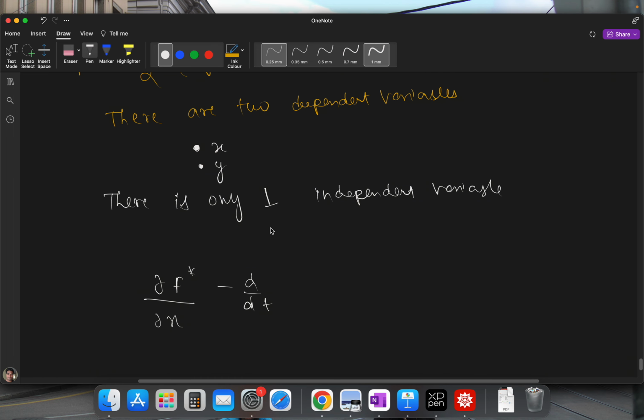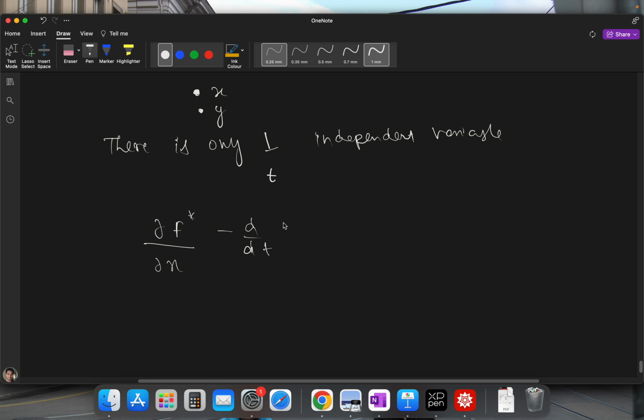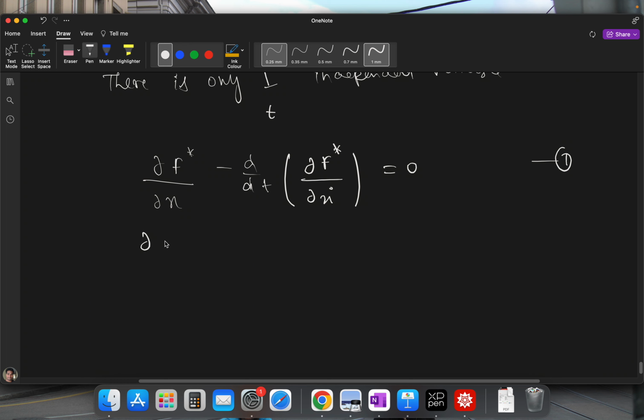Or you can consider there is no difference between t and tau. This is one equation. Another is del f star by del y minus d by dt of del f star by del y dot equal to 0.